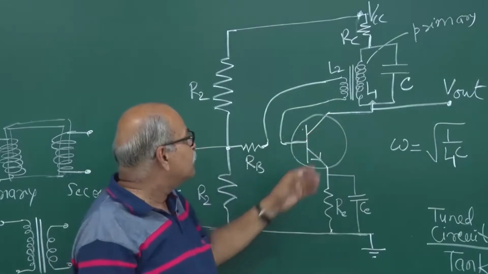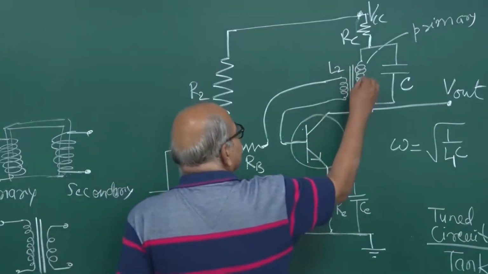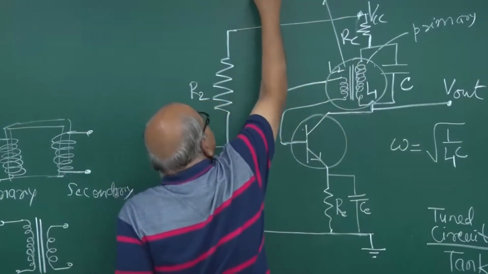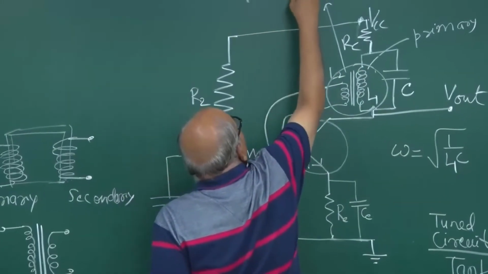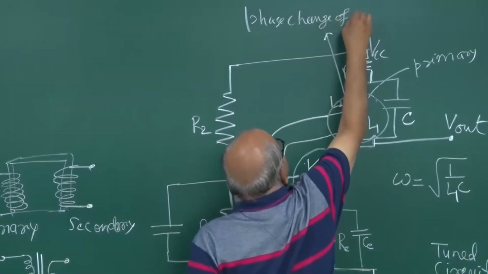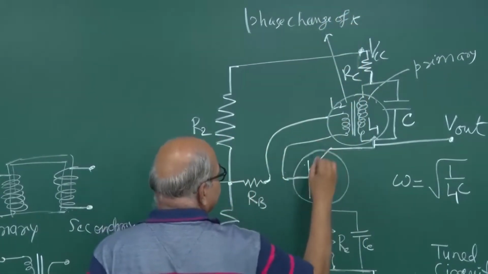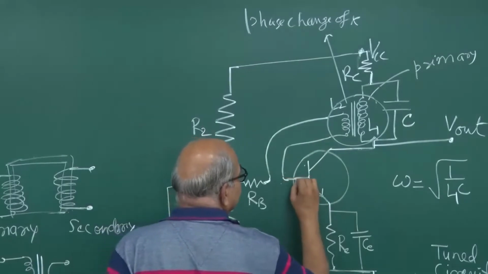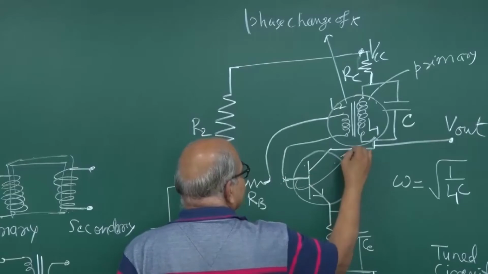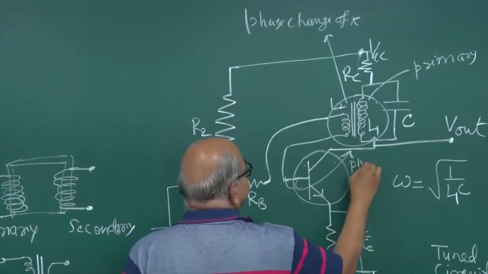So there is a phase change of pi here, and then here again there is a phase change of pi, from this base to this collector.